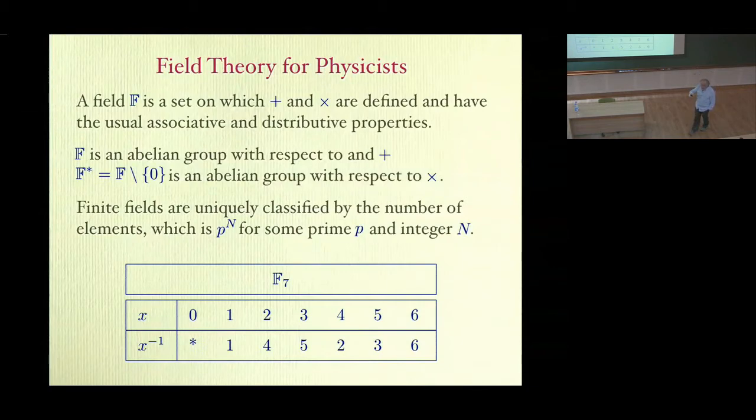The group operation is plus, and therefore there's an inverse operation minus. Such a group has a neutral element, which is called 0, and you don't expect 0 to have a multiplicative inverse, but the rest of the field has an inverse for every element.